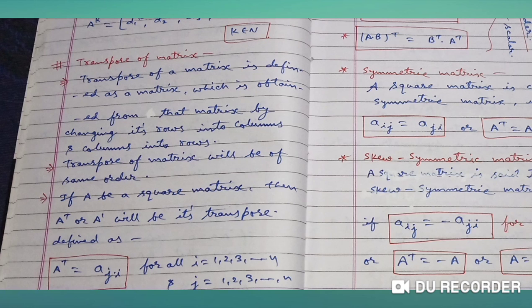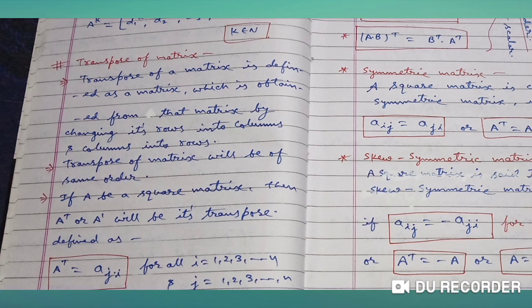So whatever operations we do on two or three matrices, we get a new matrix. In this case we have to do another operation on a matrix, and as the result of that operation we should get another matrix. So the transpose is the result of the operation that we have to do in this case.